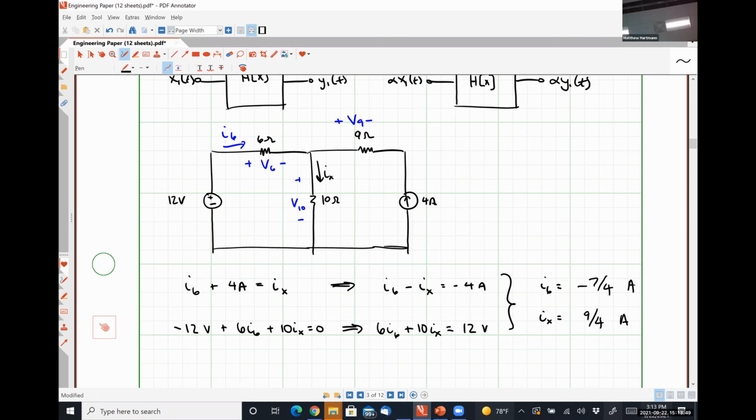So if we had to scale both sources by the same amount, that's pretty boring. So let's really mess with some stuff, okay?